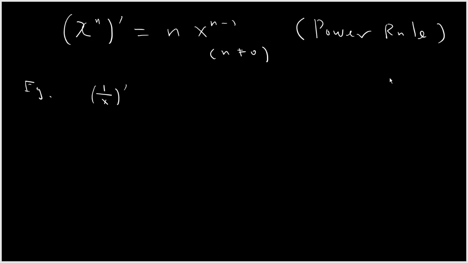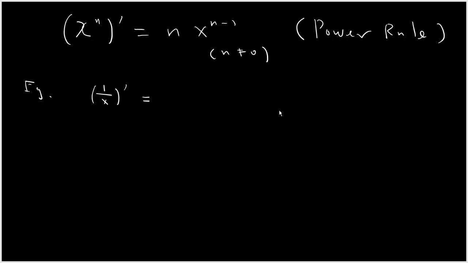The derivative of 1 over x. We have a formula for handling the derivative of any power function. 1 over x, we mentioned before, is essentially a power function. Before using the power rule, we have to convert the function to the form of a power function.